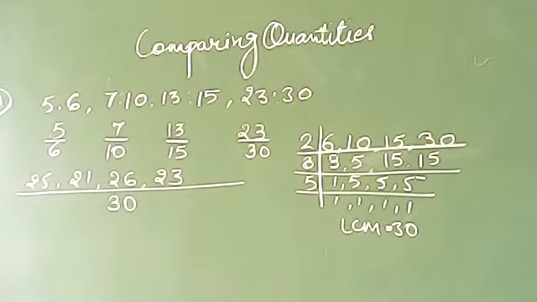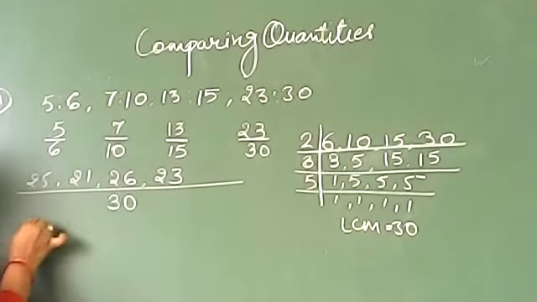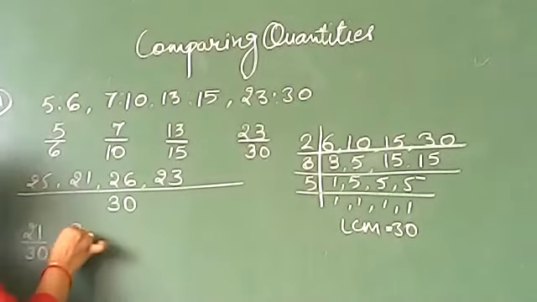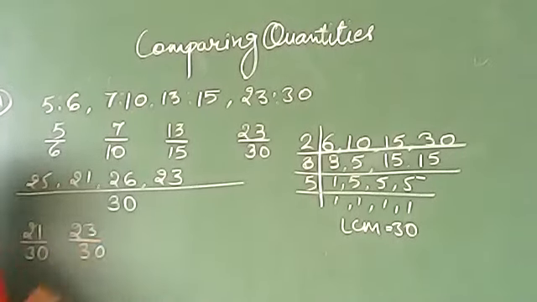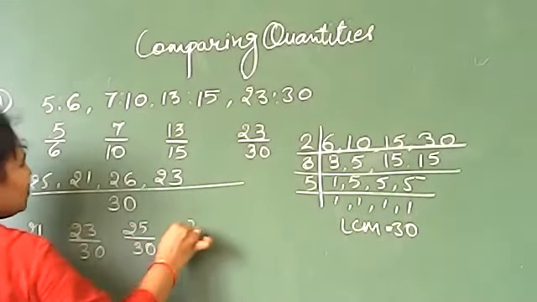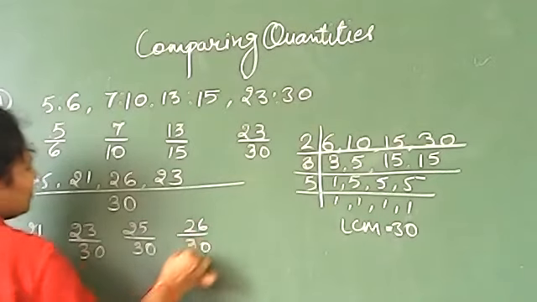Now you have the same base for all the numerators. Now you can arrange all these in ascending order. Now how can you do that? 21 is the smallest of all, so 21/30. After that you can have 23/30, then you can have 25/30, and at the last you will have 26/30.